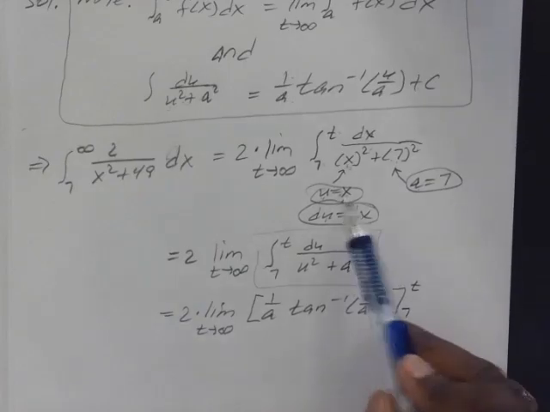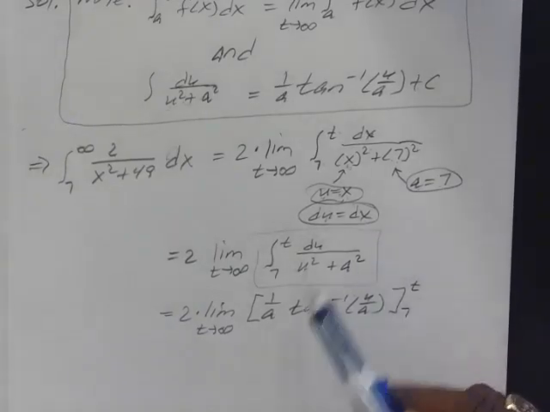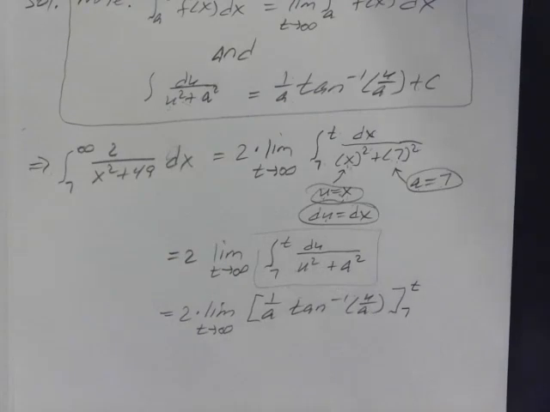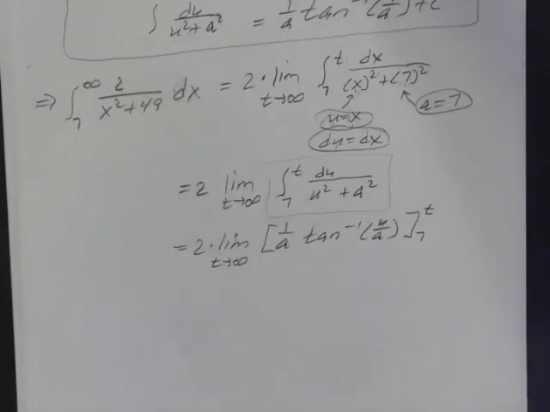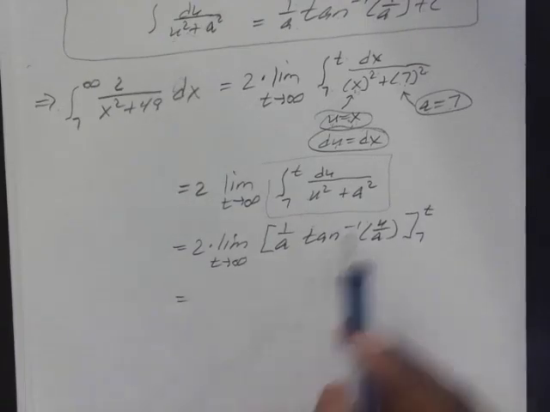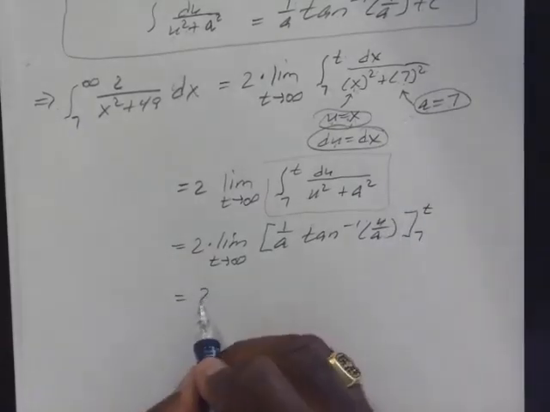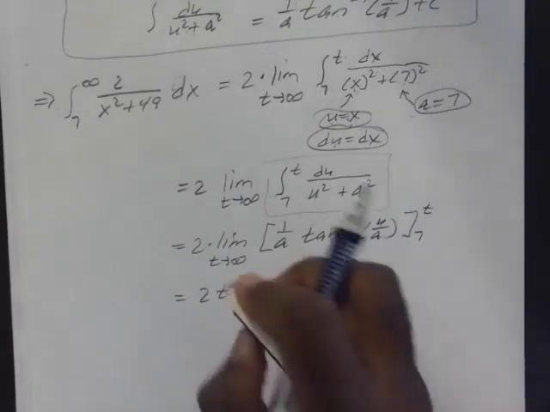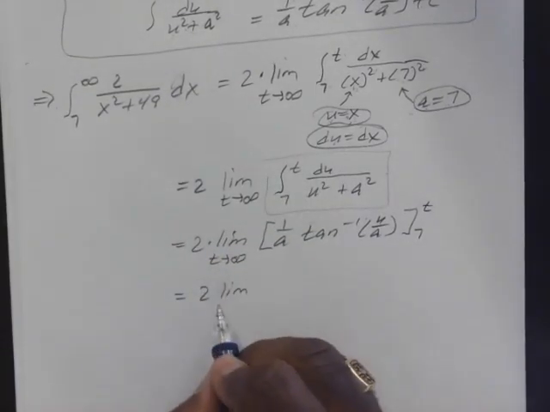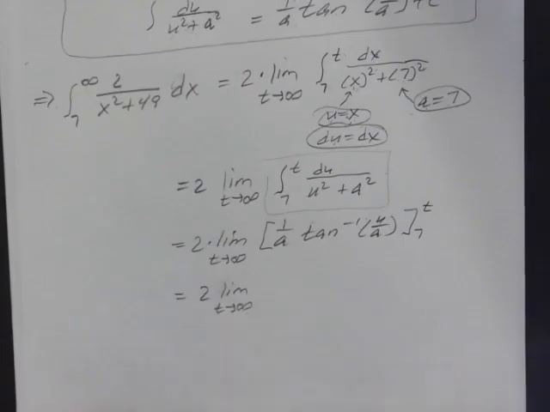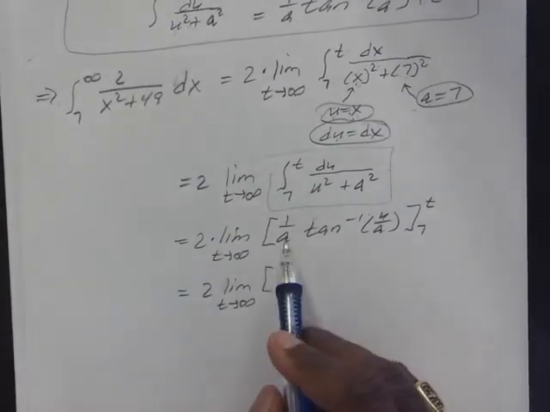So now from here, we just plug in, and again, you could have just gone right to plugging in your a's and u's. I just like to go step by step. So remember, the way I show you it is you'll probably develop your own shortcut, which you should, because I always show the long, drawn-out way. But if you just plug in your u's and your a's, that's 2 times the limit as t approaches infinity of 1 over a.